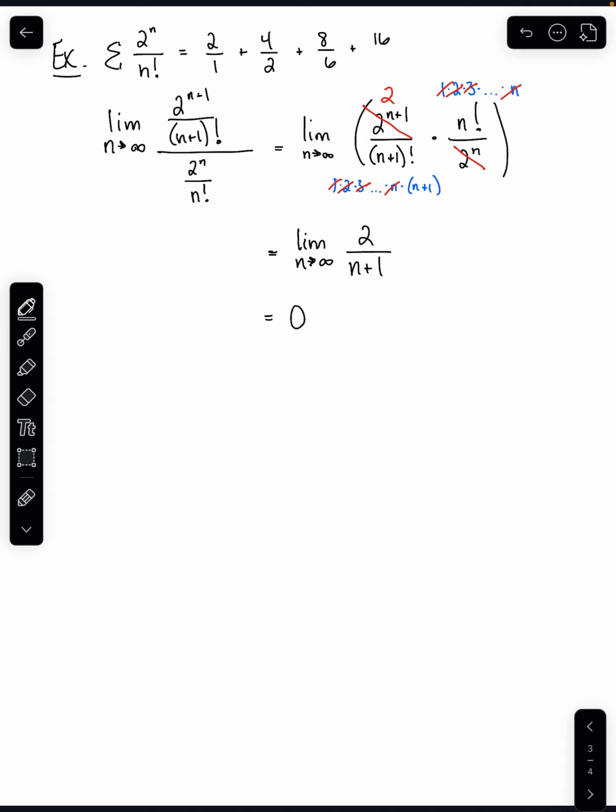2 to the fourth is 16, and 4 factorial is 24. This is now smaller than 1. 2 to the fifth is 32, and 5 factorial is 120. The numerator will continue to double each time, but the denominator will not double each time.